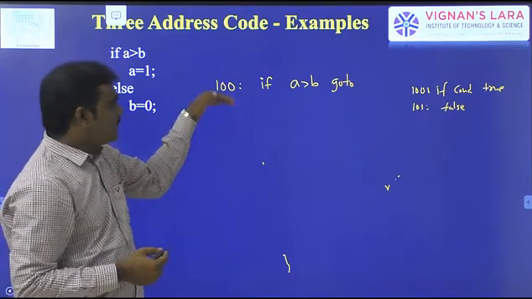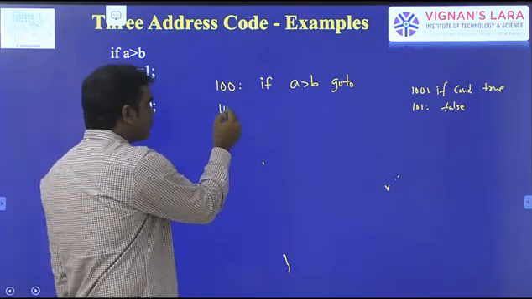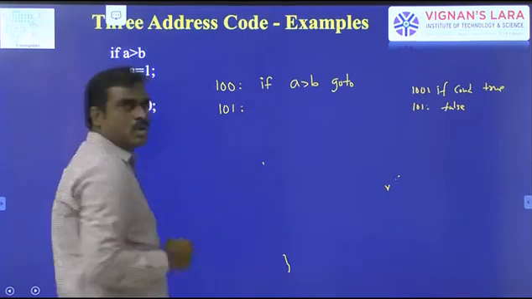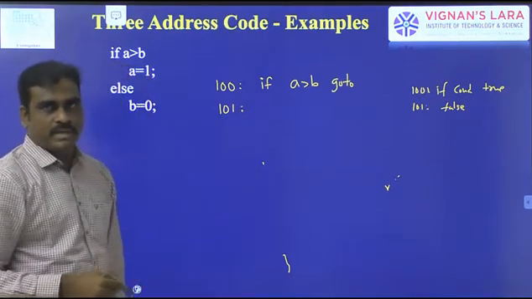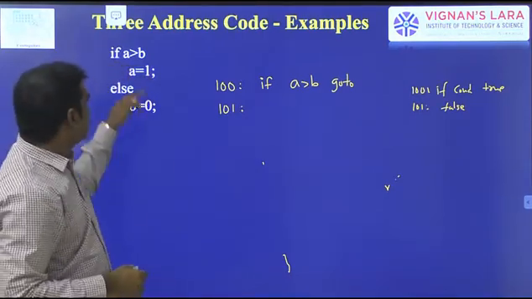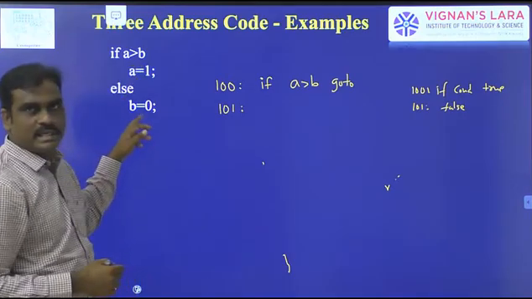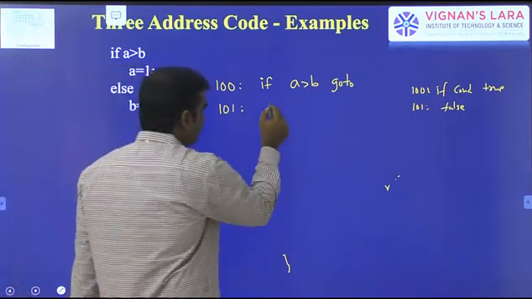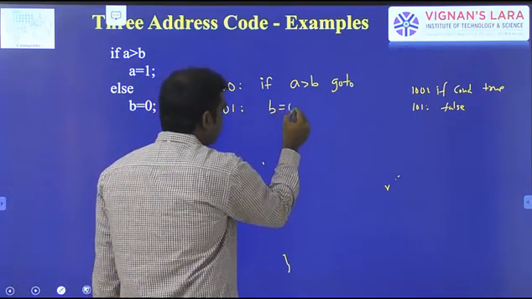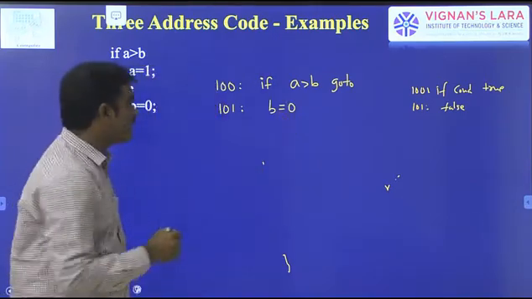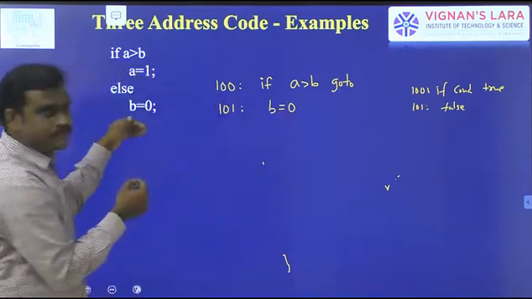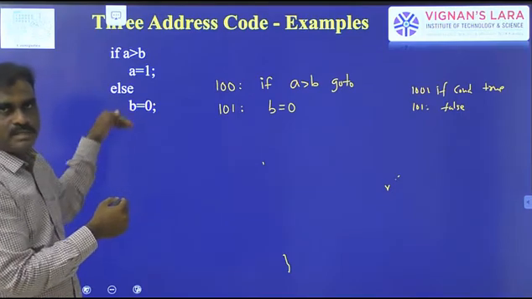101 means false condition. Suppose if the condition is false, the result is B equal to 0, and then exit from the block.